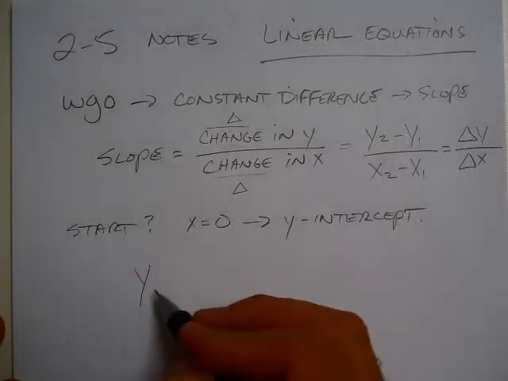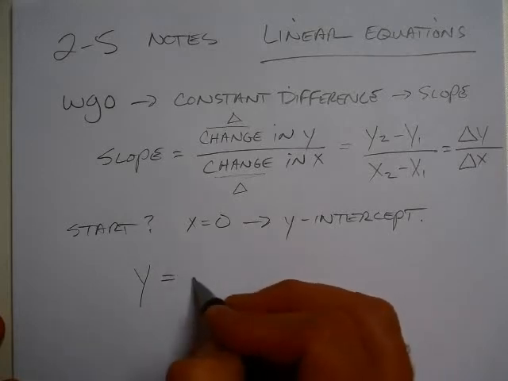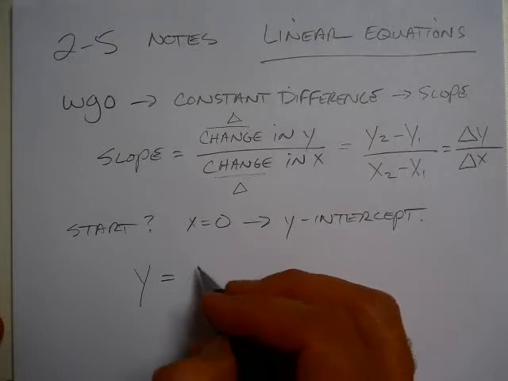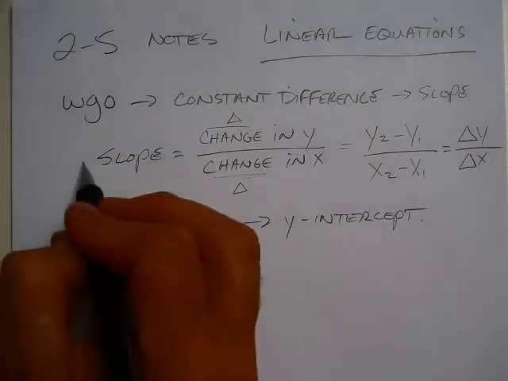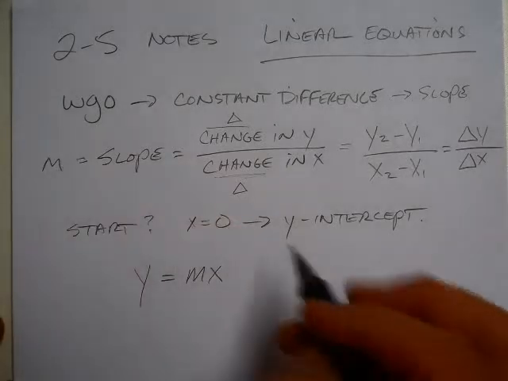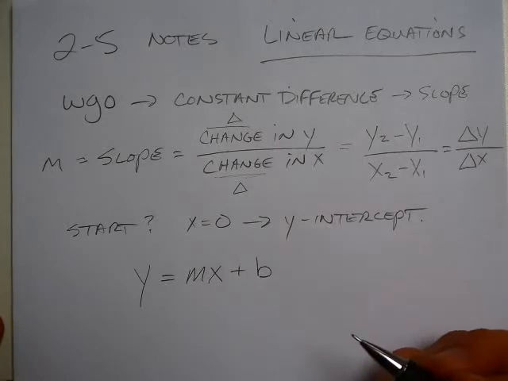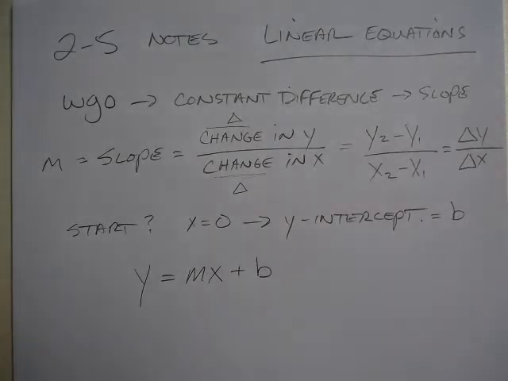Y, or f of x, equals the slope times x. Does anybody know what letter we use for slope? I wish it was S. It would make more sense. It's actually M. So we have y equals M x, plus or minus b. That's the y-intercept, b. So we have M and we have b, and we have an x and a y.